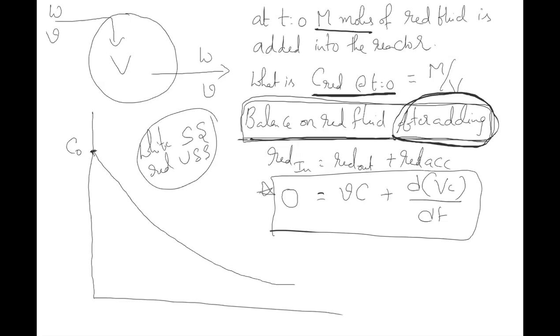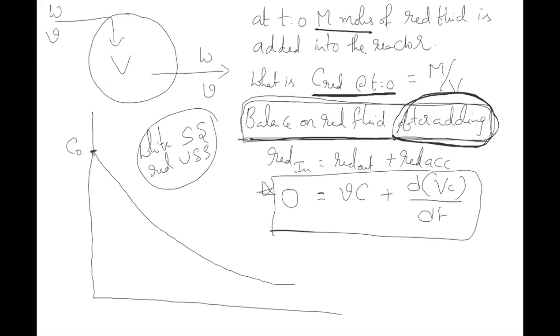After adding m moles of red fluid, how that m is coming out of the reactor is what this balance is. At any time, this is how the balance is. Red in is equal to 0, red out is v into C, red accumulation is d of VC by dt.